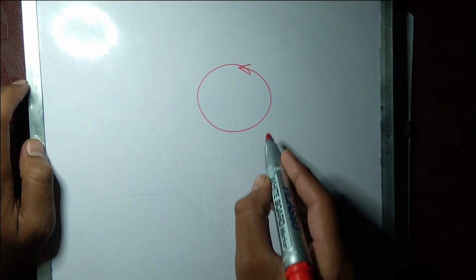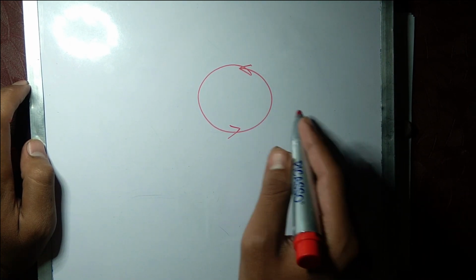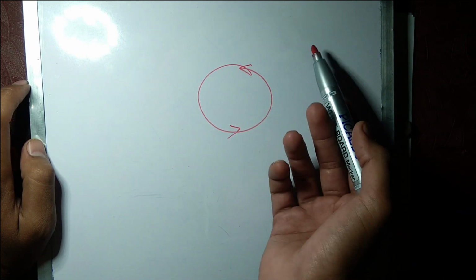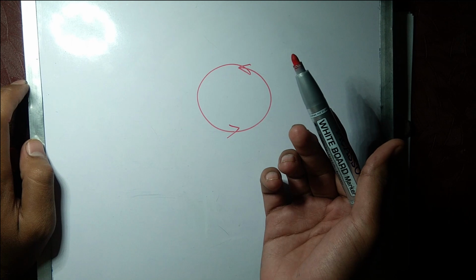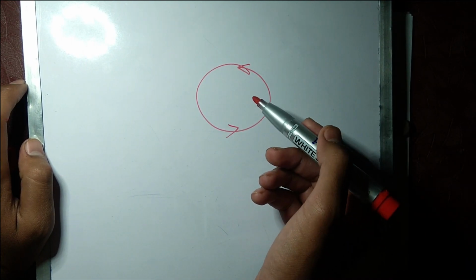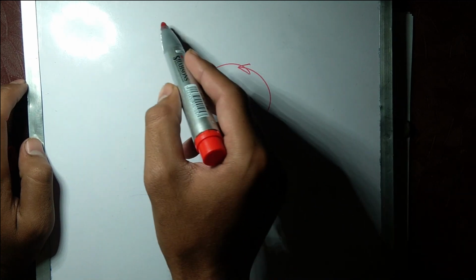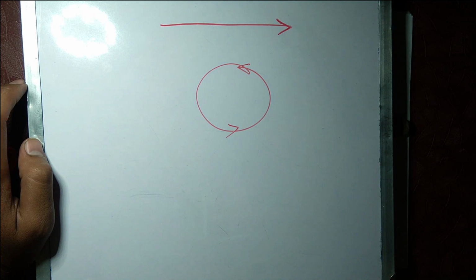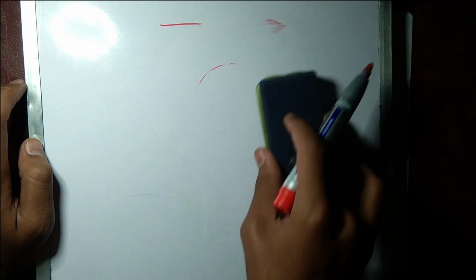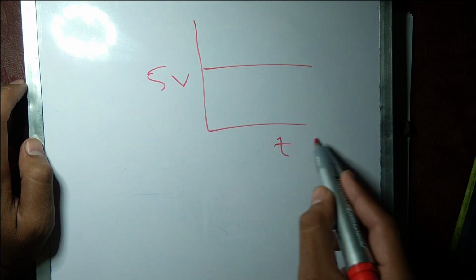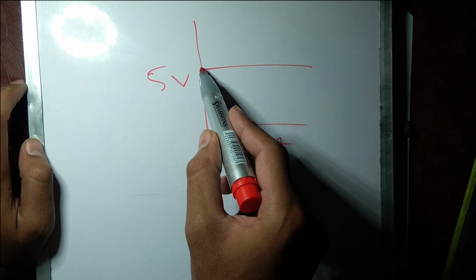Frequency is of a cyclic process which repeats itself, an oscillation, simple harmonic motion, or any kind of oscillation or vibration. If a motion is in the same direction, we don't have any kind of frequency for that. For example, for a DC current we don't have any frequency, because if you have 5 volt here and time here, it will be a flat line.